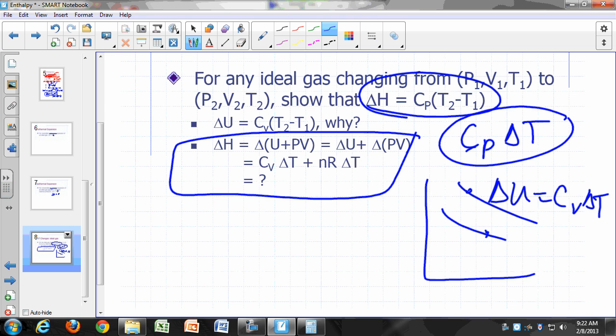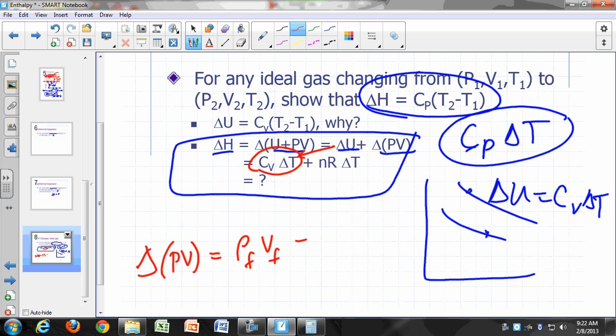So delta H is delta of U plus PV, right? So that's delta U plus delta PV. Well, what do we know about delta U? We've already shown delta U is just going to be equal to Cv delta T, right? What's delta PV for an ideal gas? That's P final, V final minus P initial, V initial, right?